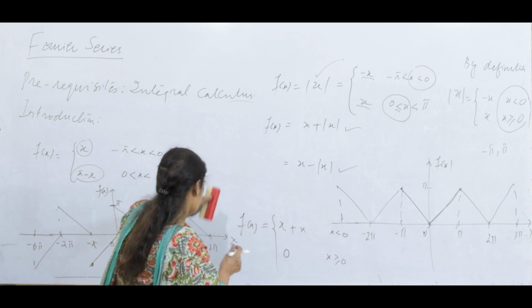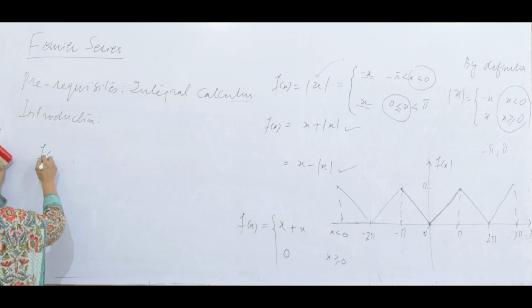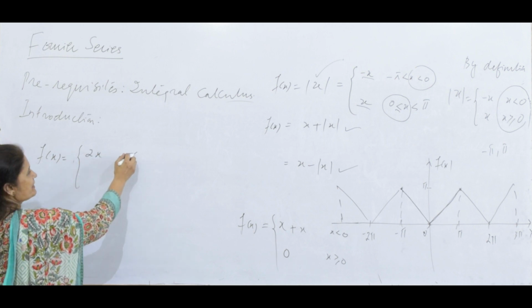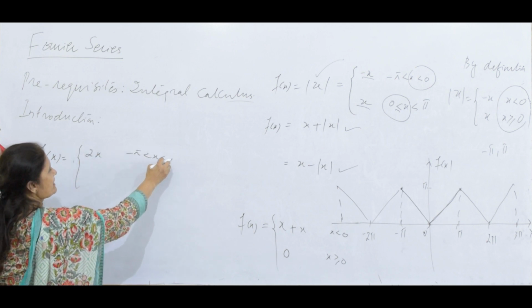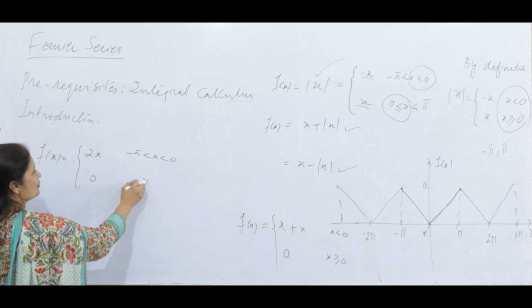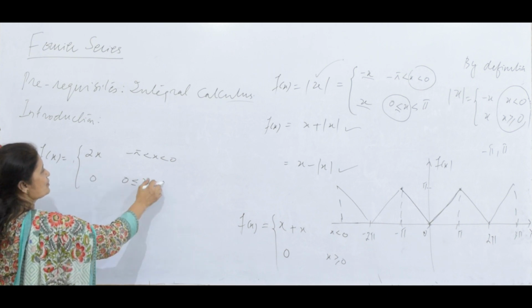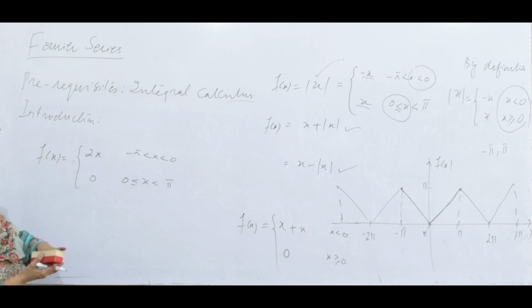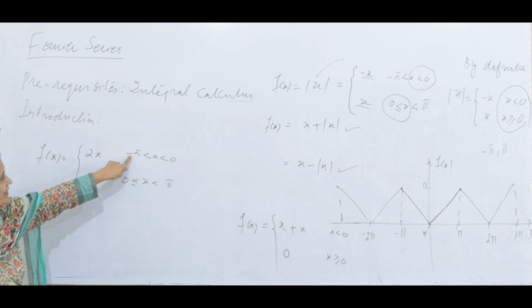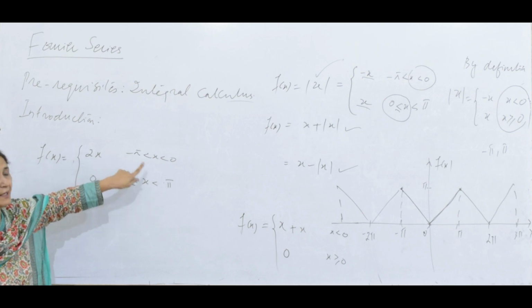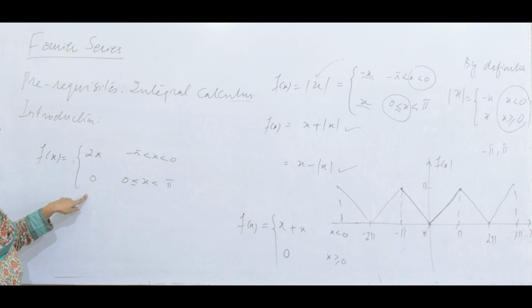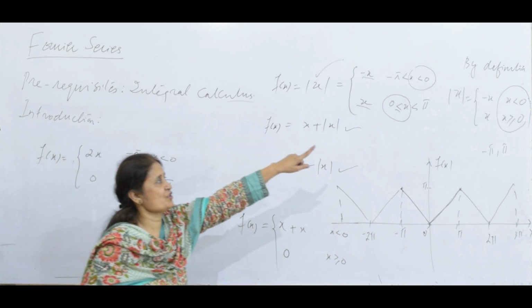It means this function f of x can be written as 2x for minus pi less than x less than 0, and 0 for x between 0 and pi. So you have adjusted the inequality by putting minus pi and pi here, and this is the function you are getting by following the definition.